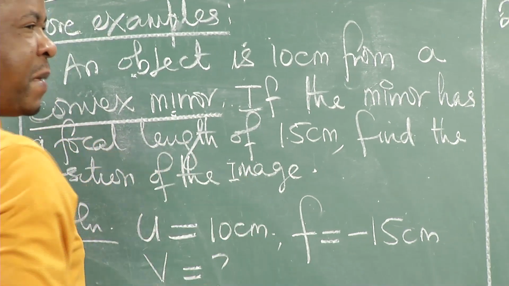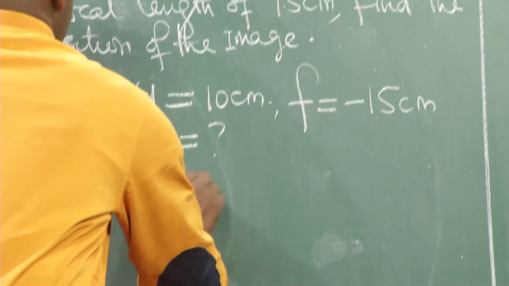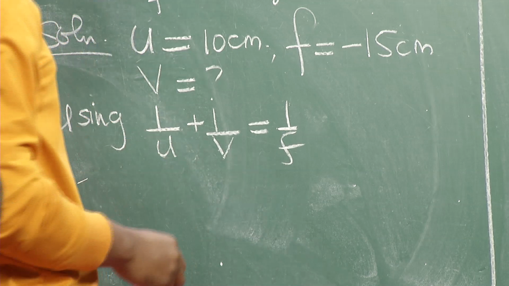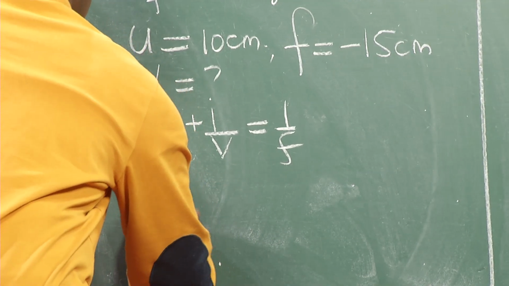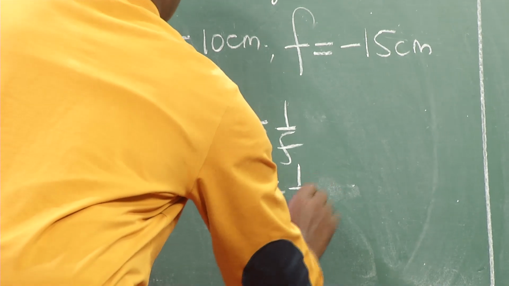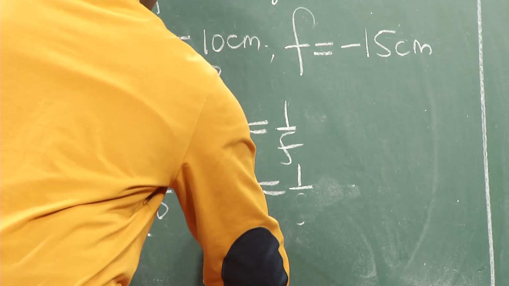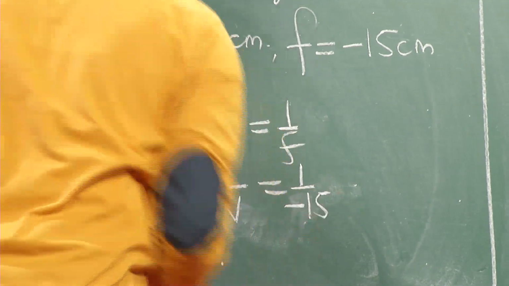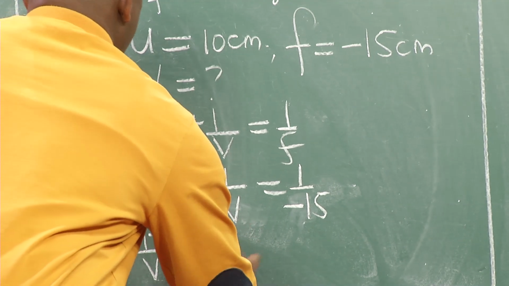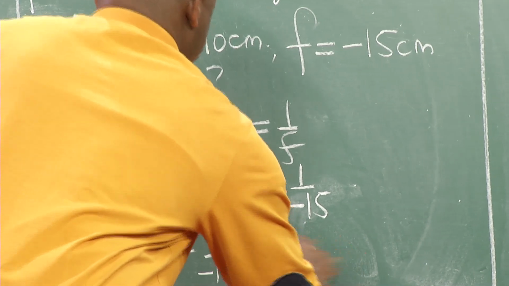So it is a basic question, and we must state the formula we are going to use. Using 1/U + 1/V = 1/F, we can substitute and get 1/10 + 1/V = 1/(-15), because we are looking for V. So when we make V the subject, 1/V will be 1/(-15) - 1/10.